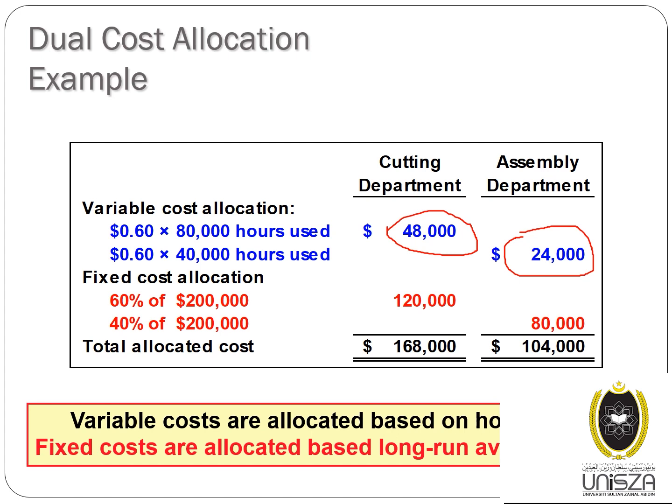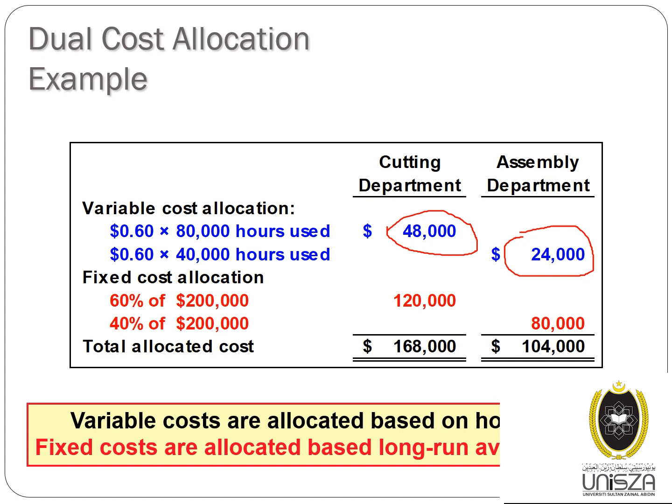And for the fixed cost, 60% out of the 200,000 is $120,000, and then 40% out of 200,000 will be $80,000 for the assembly department. So we allocate the variable cost based on the hours used, and the fixed costs are allocated based on the long run average usage.